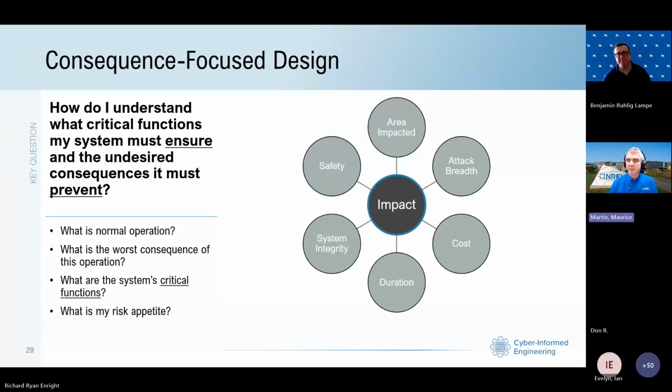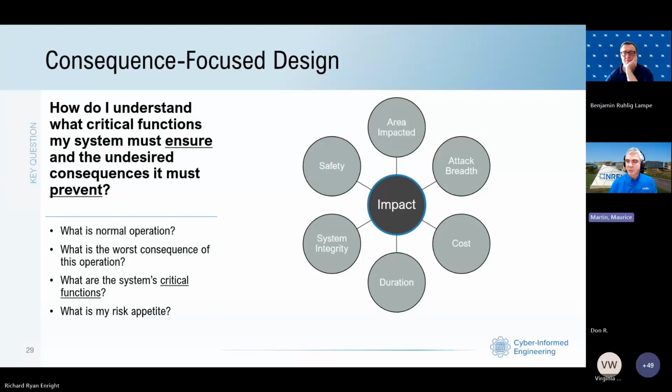So the first principle, and the one that kind of underlies all the other principles, is consequence-focused design. As Ginger said, this is where you think about your functions. Which critical functions must happen correctly? What does the system have to do? And then the undesirable consequences that must not happen. That would be catastrophic if they occurred.